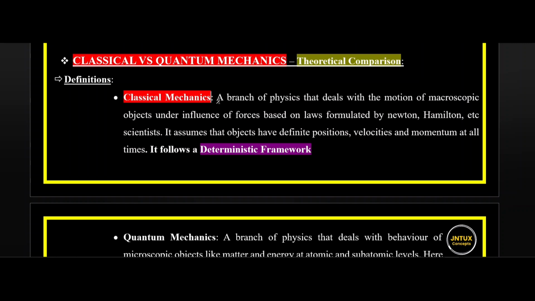It assumes that objects have definite positions, velocities, and momentum at all times. So classical mechanics follows a deterministic framework. It means it has accurate and definite outcomes which we can assume.